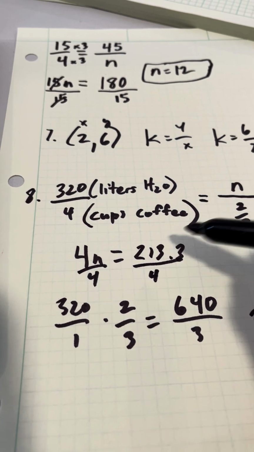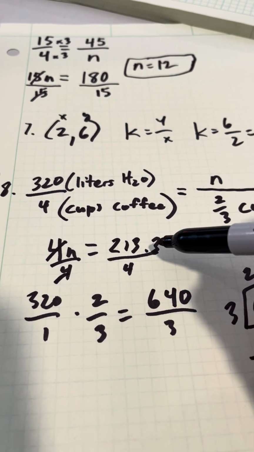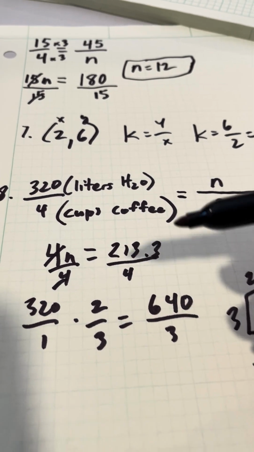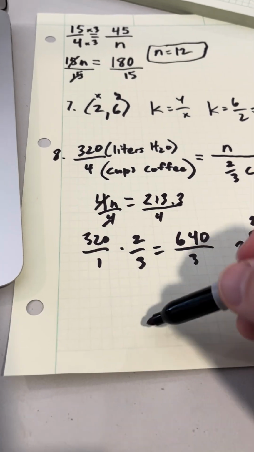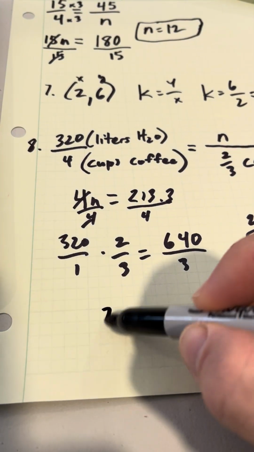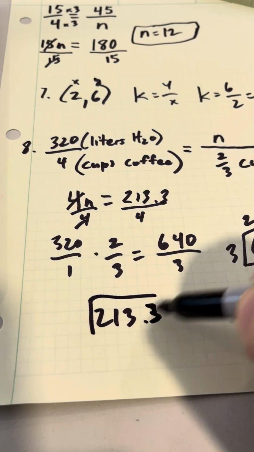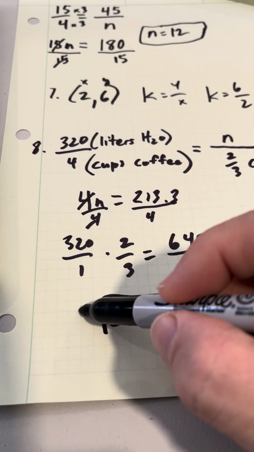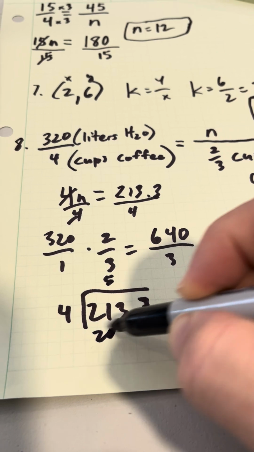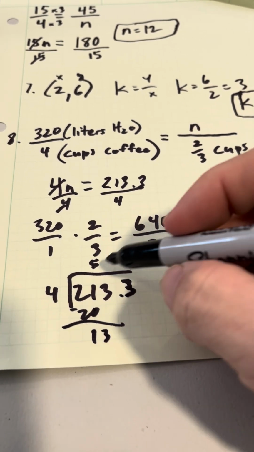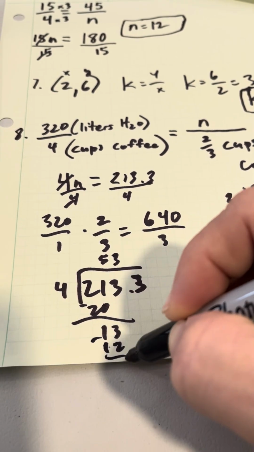Now we want to get the n by itself, so I'm just going to divide both sides by 4. All right. So now, to get our final answer, all we need to do is just do 213.3 divided by 4. And you can do that on the calculator. You could have done this on your calculator. It doesn't matter. I'm just doing it by hand right now. Okay, so let's go 213.3 divided by 4. All right, 4 goes into 21 5 times. 20, 13. 4 goes into 13 3 times. 12.